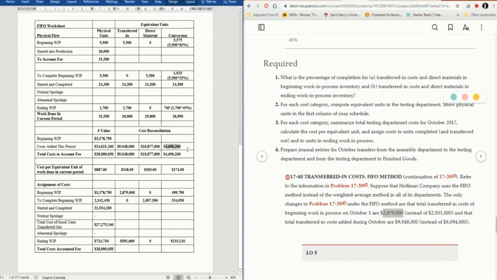Debit the account for this much, which would be labor and overhead. So the work in process account goes up by this much. We've calculated everything out so that this would be the credit to the work in process account and the debit to finished goods. And that's the journal entries that you would be doing.